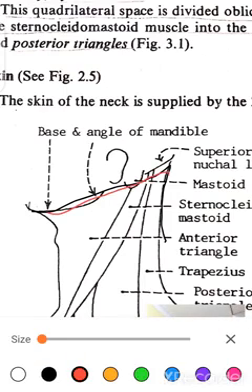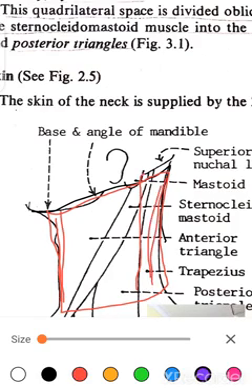It is bounded anteriorly by the anterior median line, posteriorly by the anterior border of the trapezius. See, this is the trapezius, so this is the anterior border of the trapezius.